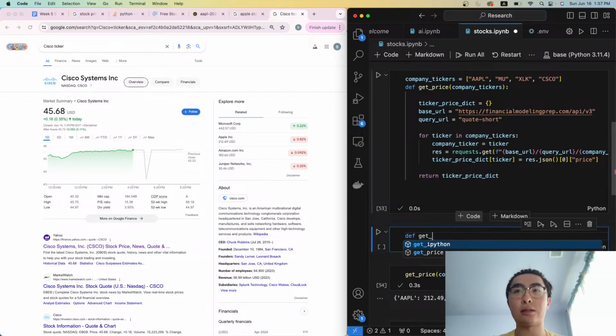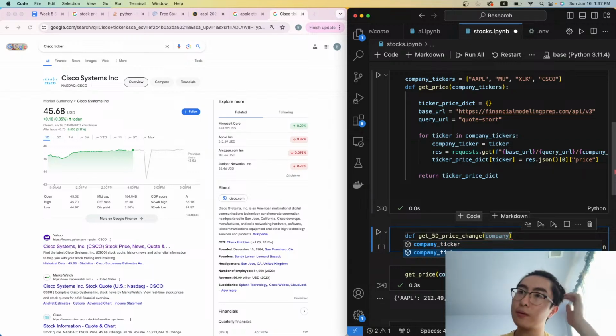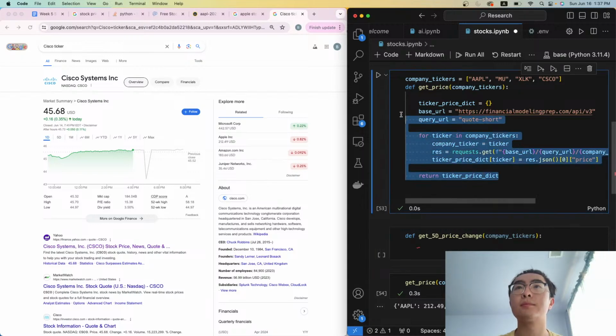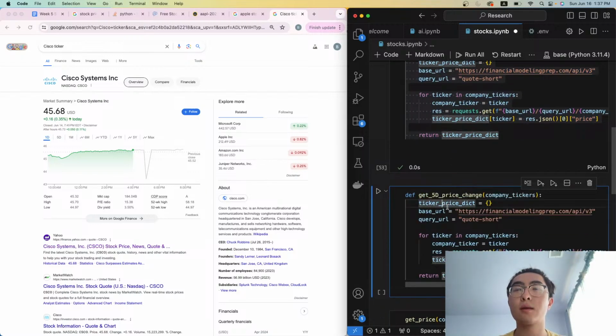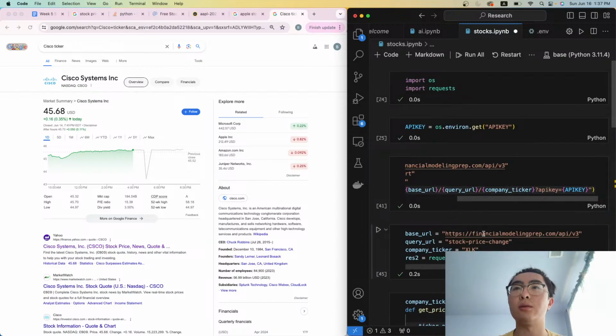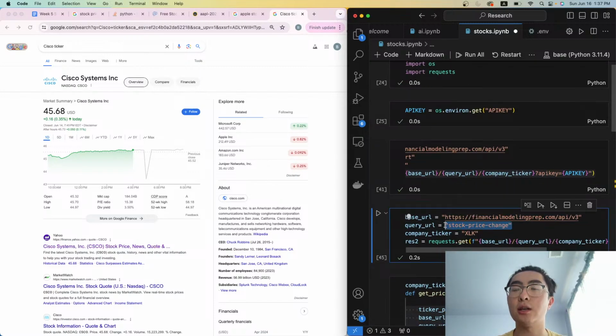Def get 5-day price change, and then we'll do company tickers. Price ticked, right? And then I think what we could do is we'll get the stock price change.